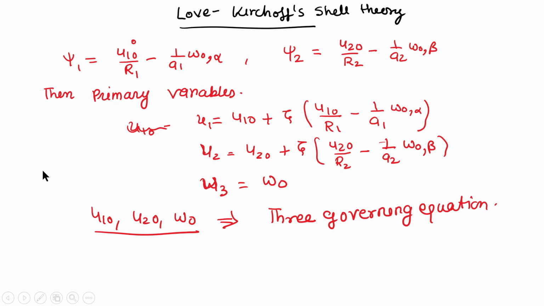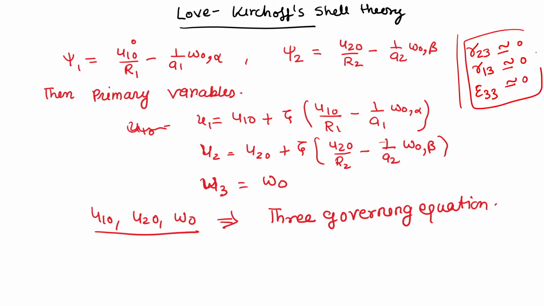Now, I am coming to the very first shell theory, the Love-Kirchhoff shell theory. In that theory gamma 2,3 and gamma 1,3 are neglected, and then epsilon 3,3 is also neglected, based on the assumption that the transverse axis remains perpendicular to the reference surface before and after the deformation.